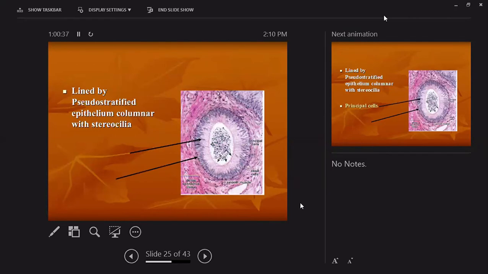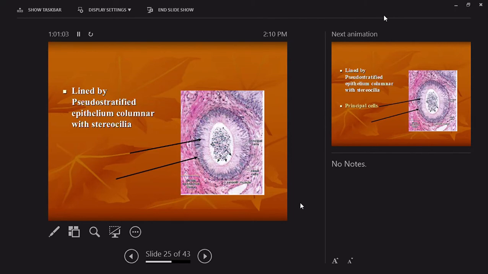You would know the nuclei are not on the same level, so it is pseudostratified. You will think that there are so many cells in there, but actually each one touches the basement membrane up to the lumen.